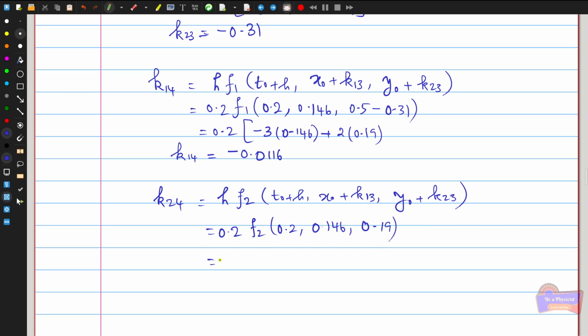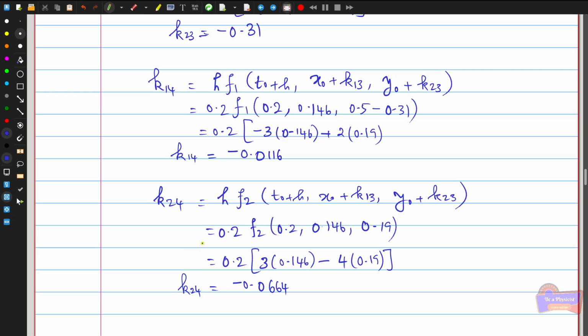I can substitute the values in the second equation: 0.2 times 3 times 0.146 minus 4 times 0.19, which will give you the answer as minus 0.0664. So that is the k24 slope.